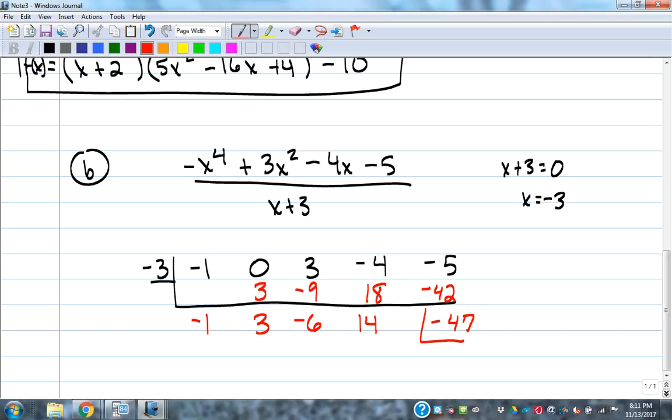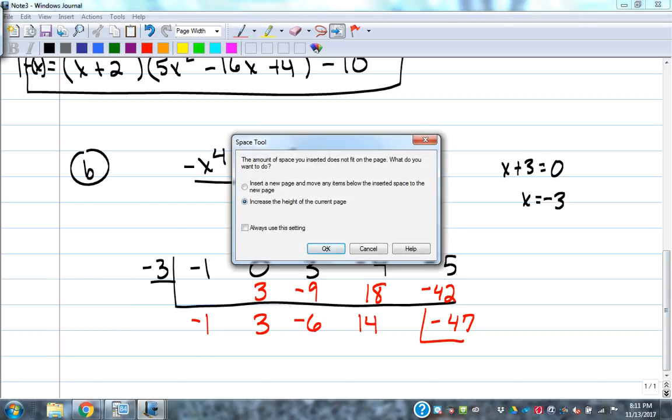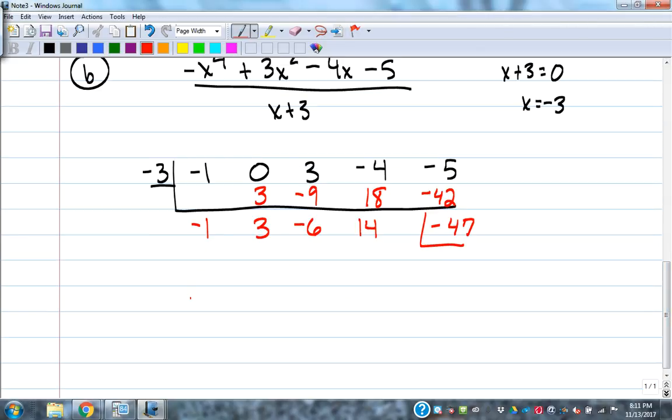Okay. So this was in the division problem format, so we could write this in that fraction format. We started with x to the fourth. That means our quotient starts with what? X to the third.